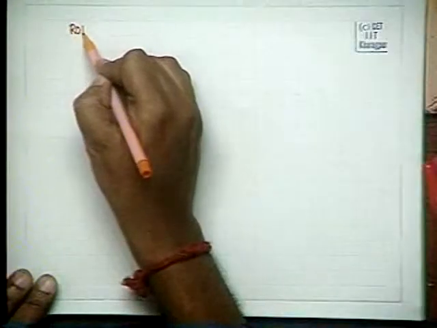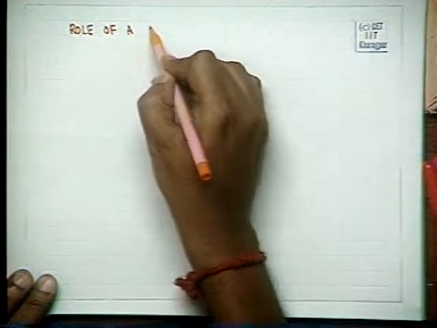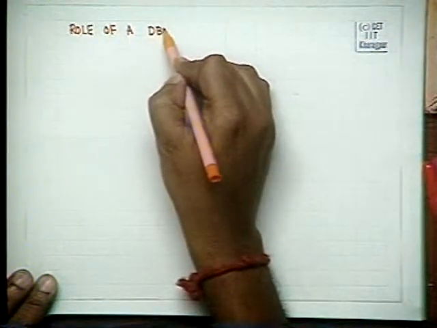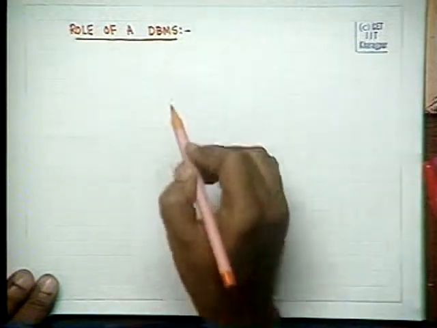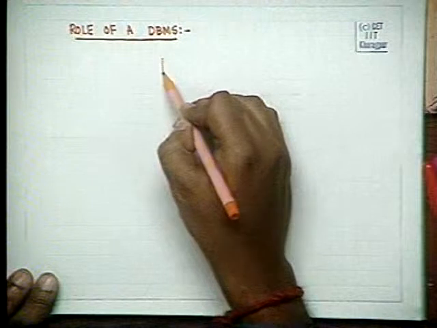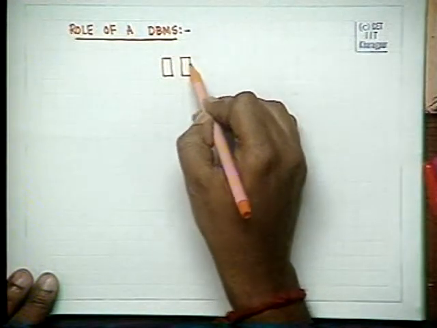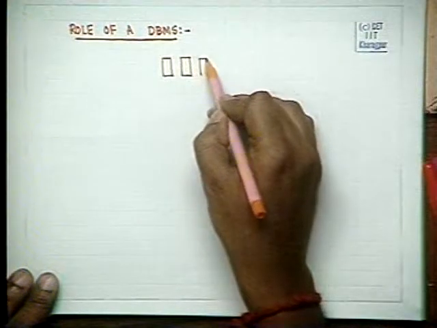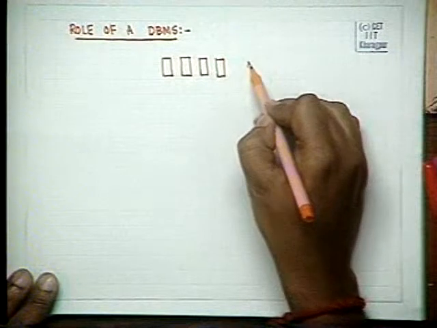So, we come to the role of a database. Schematically, a database program has got a set of application programs. These are application programs.